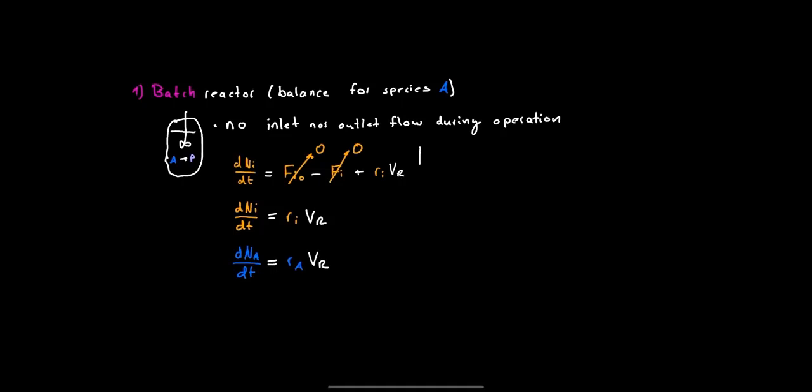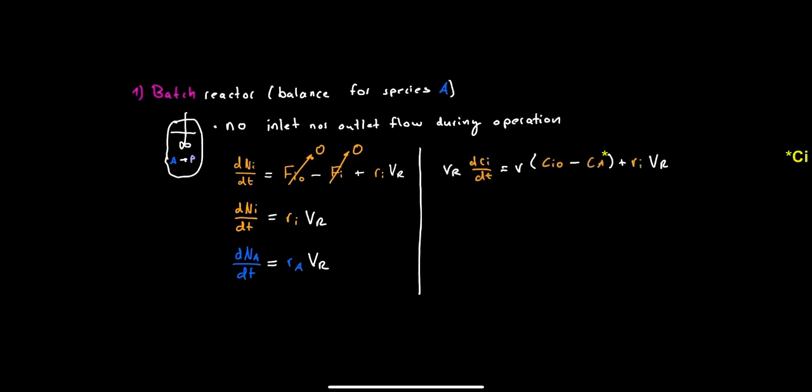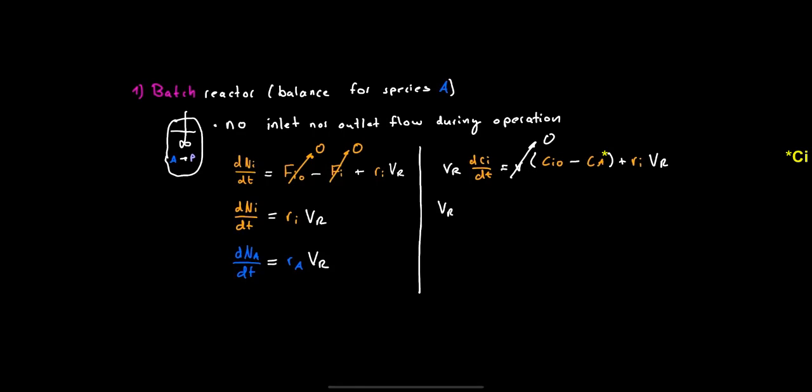And if we take a look into the other form of our general balance and we transfer it for the species A, for the batch reactor we do not have a volumetric flow, so this is going to be 0, and we will end up with the volume of the reactor times the change of the concentration of species I with respect to time being equal to the reaction rate of the species I times the volume of the reactor, and these two terms will cancel out.